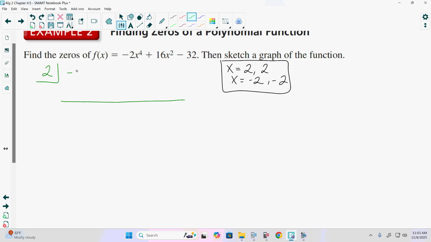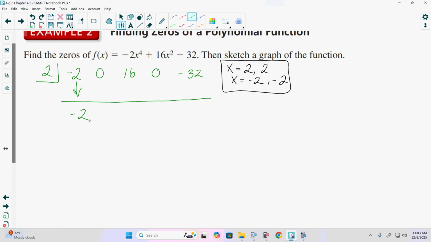So we'll plug 2 as our solution in the cubby, and we'll put our numbers across the top. Negative 2 for x to the fourth, 0 for x cubed, 16 for x squared, 0 for x, and negative 32. Then we'll bring down the negative 2.